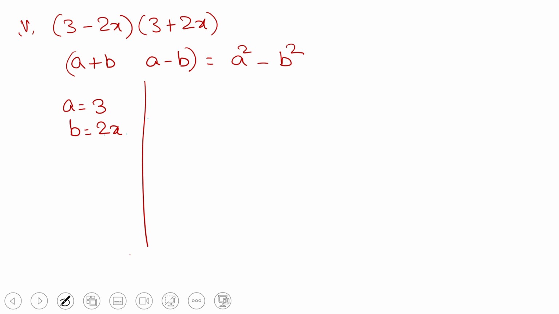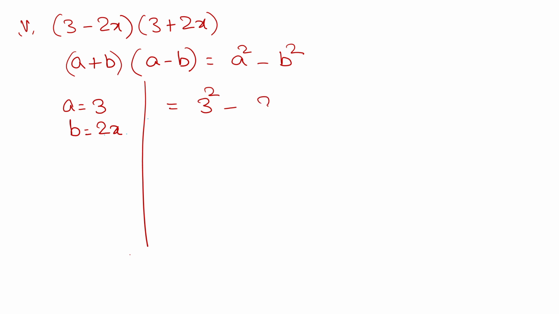So now let us do this. A square minus b square. What is a square? It is 3 square minus 2x whole square. Can you write 2x square? No sir, you cannot write that. You have to keep it in brackets because you have a number and a variable in multiplication.